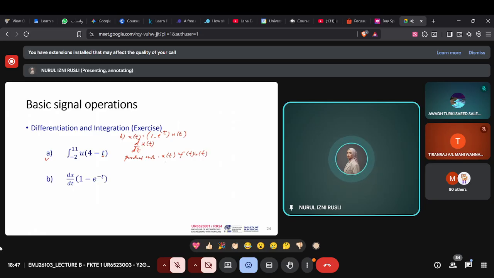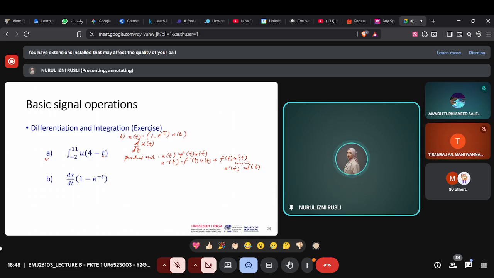So now x prime t is equal to f prime t u(t) plus f(t) u prime t. So u prime t here is basically the derivative of the step, which is equal to the delta impulse.